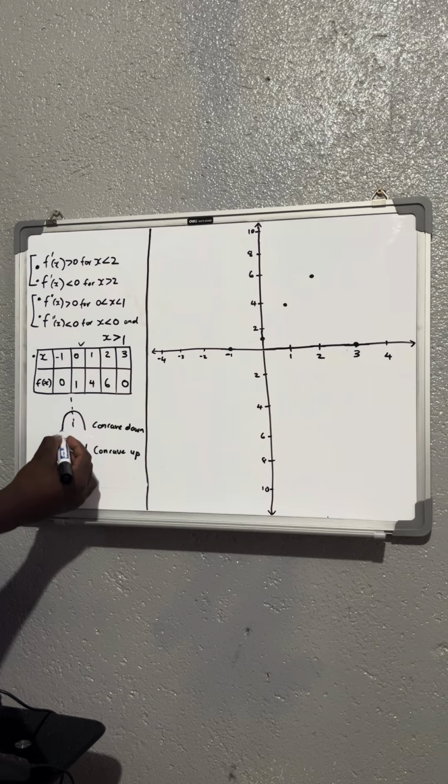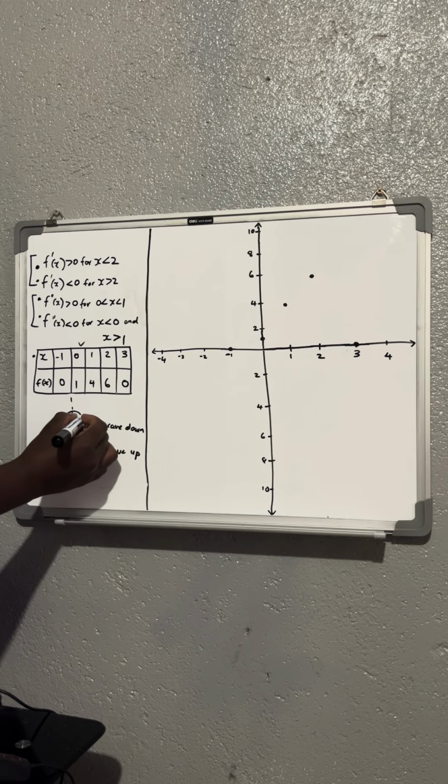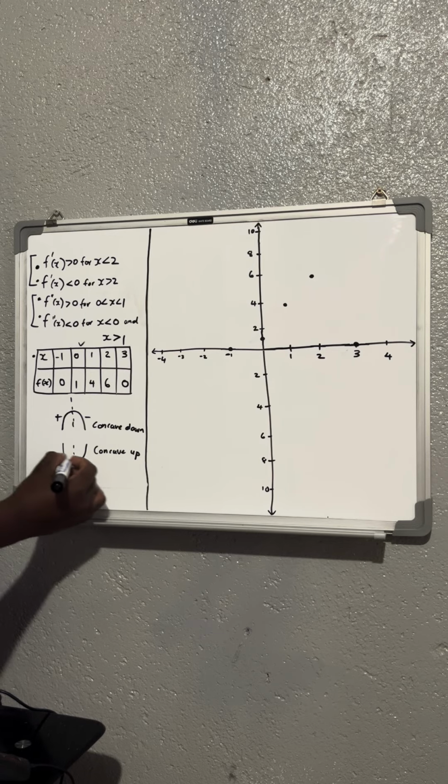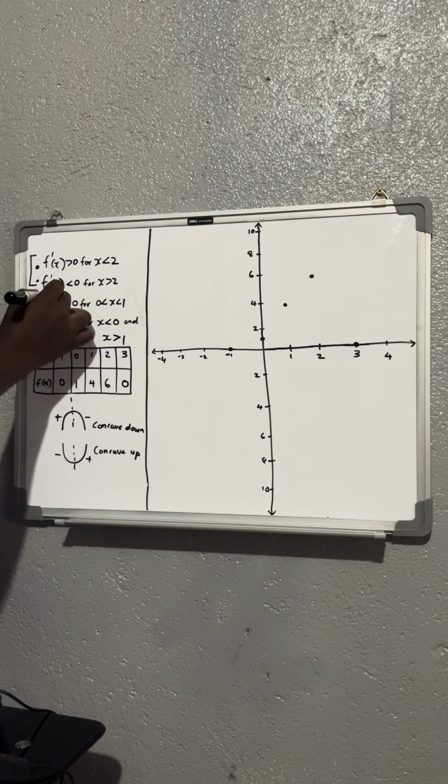You can have concave down that is increasing, which is in this region, and in this region it's decreasing. Then you can have concave up, where this region is decreasing and this region is increasing. You see? So that's basically the part where you have your second derivative to work with.